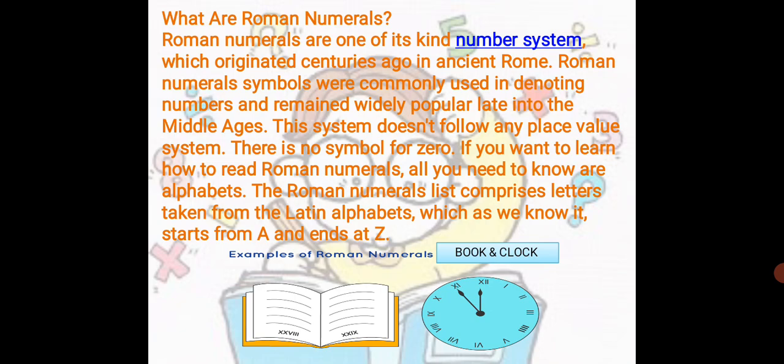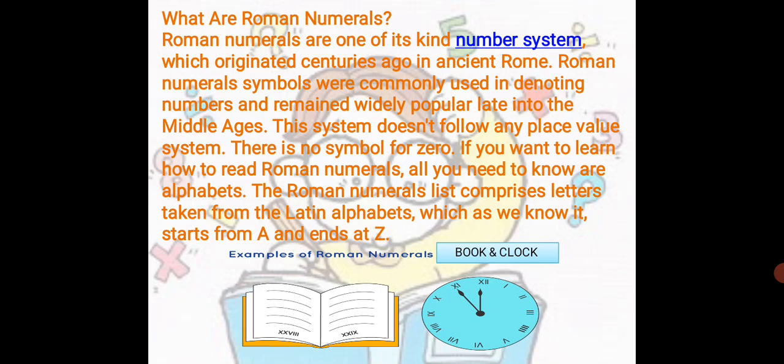The Roman numerals list comprises letters taken from the Latin alphabets, which, as we know, starts from A and ends at Z. So, what can we learn in gist from here?